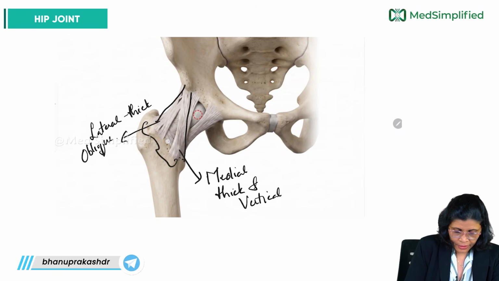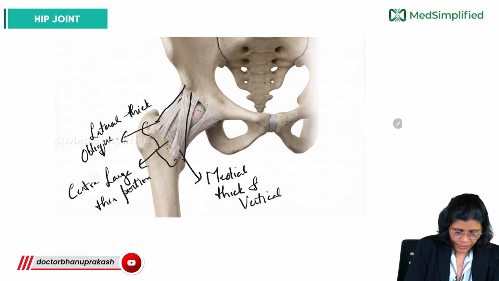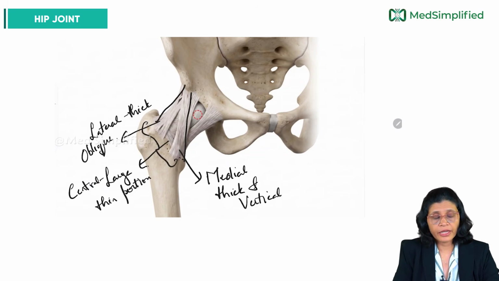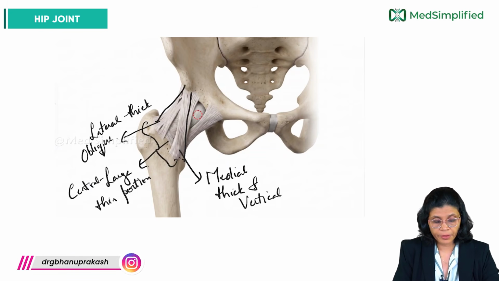In between, the central portion is a large, thin portion. So these three form the iliofemoral ligament, which is the strongest ligament in our body.